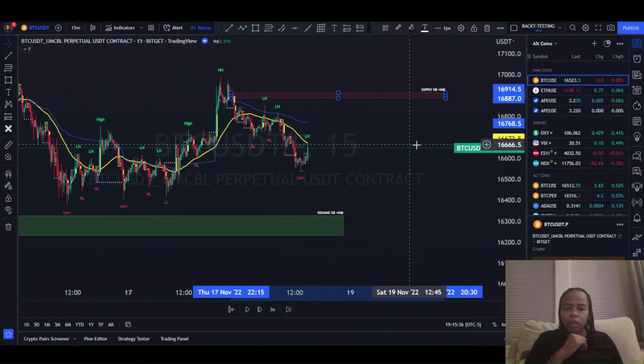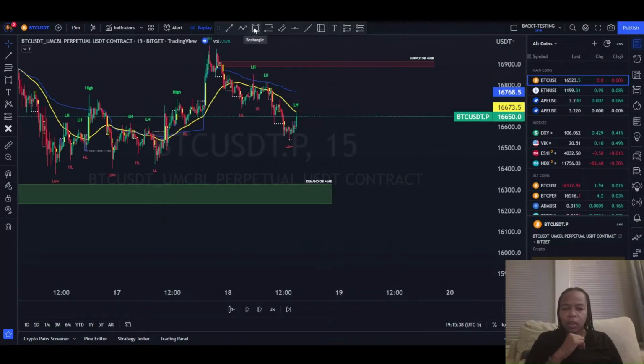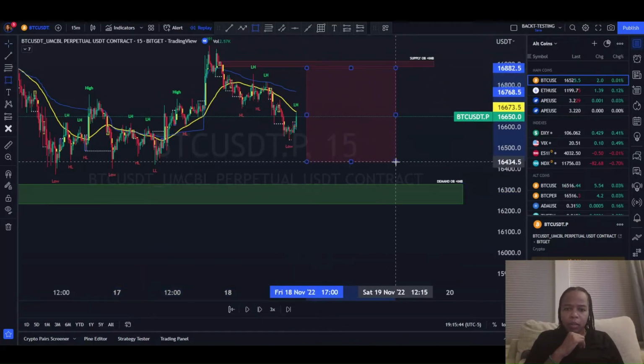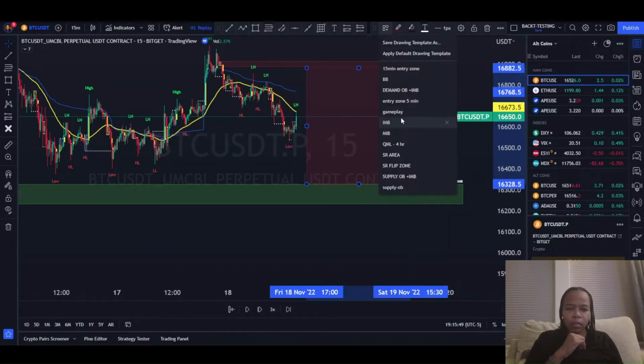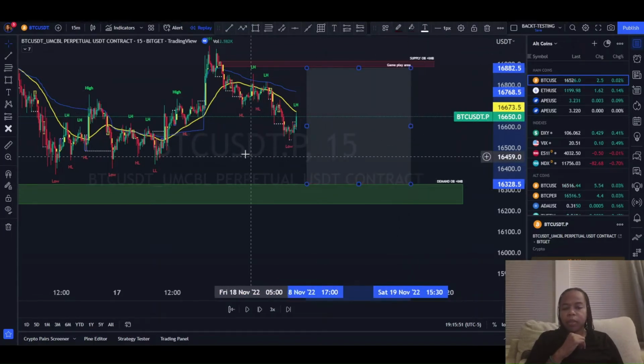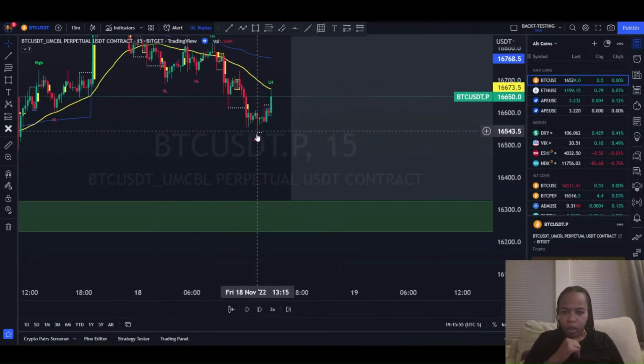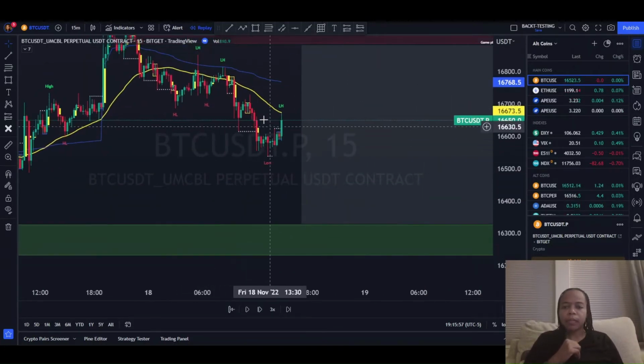So let's do that. All right, so that means it looks like we're coiling down to this demand area. So this is going to be our gameplay box. Did I create a gameplay? Yes, okay, perfect. All right, so now we have just come up into this.